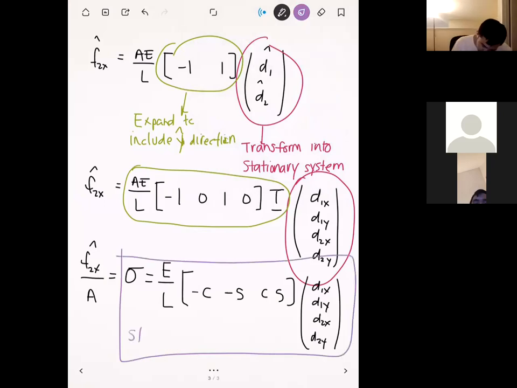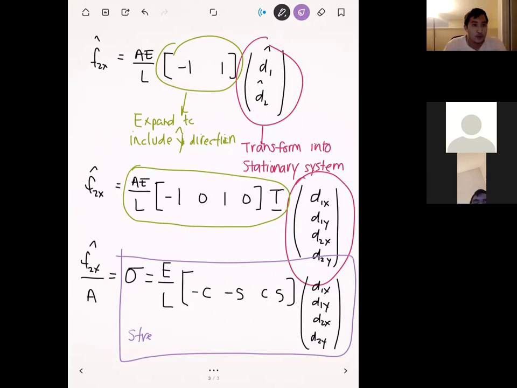You had a question in chat. He was asking about no hats on the D vector. Yeah, no hats on the D vector because we transformed that into the stationary system. We started with displacements with hats because those were displacements in the local system of that element.